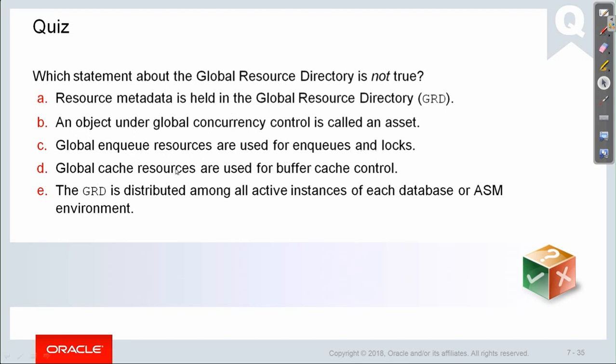D, global cache resources are used for buffer cache control, so that's cache management. And E, the global resource directory is distributed among all active instances of each database or ASM environment. Okay, so the wrong answer is B. B is not the answer.